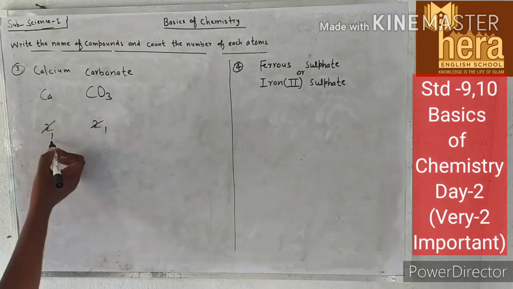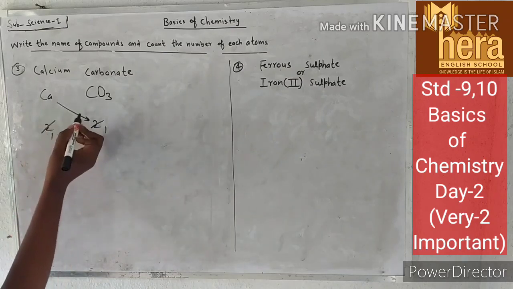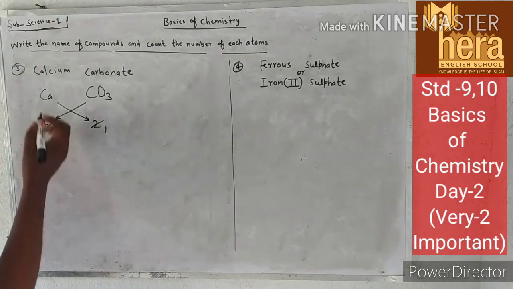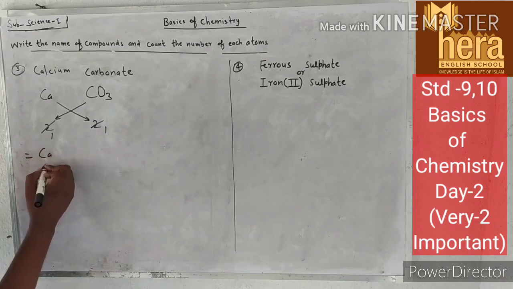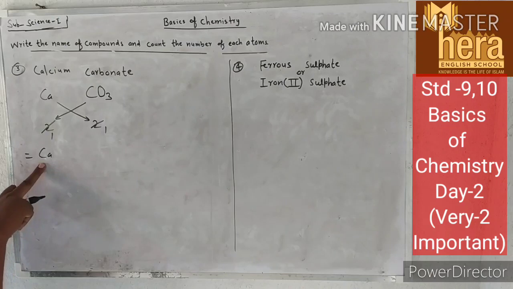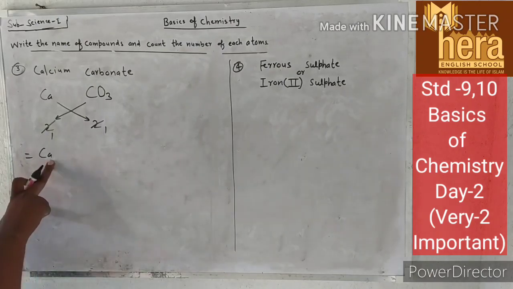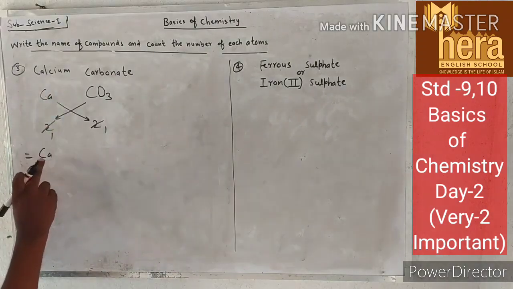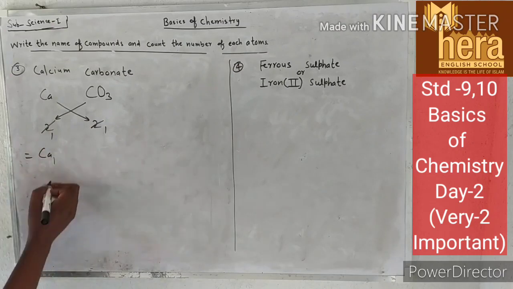It means now here is 1, here is 1, okay? Cross multiplication. Then we will write equal to Ca, capital C, small a, because first letter always capital, second letter always small in case of elements. Valency 1, Ca1.